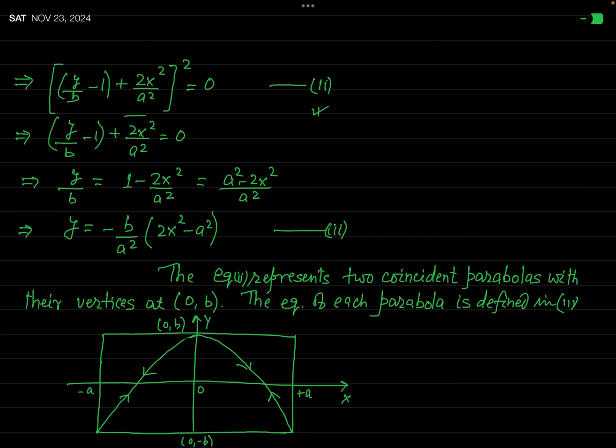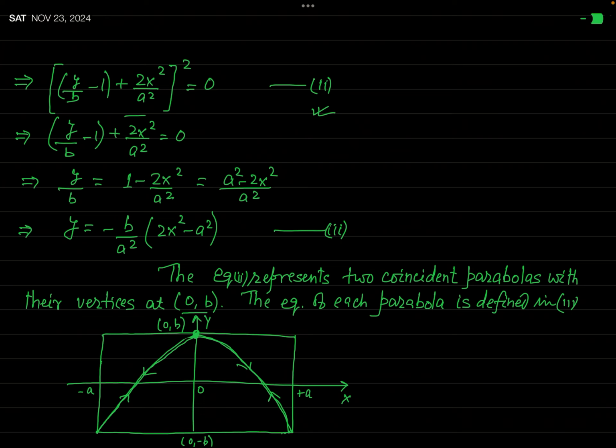Actually, this equation 2 represents two coincident parabolas with the vertices at point 0, b, as you can see in this figure. Here, this is one parabola, and this is the second parabola, and both parabolas coincide with one another at this point, whose coordinates are 0, b.